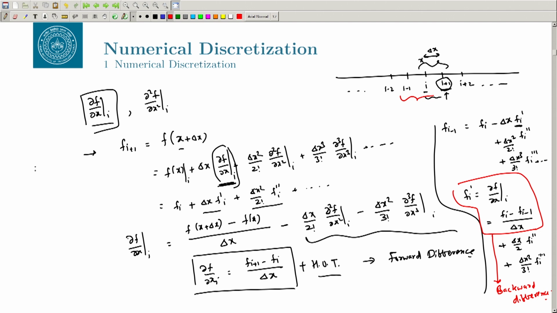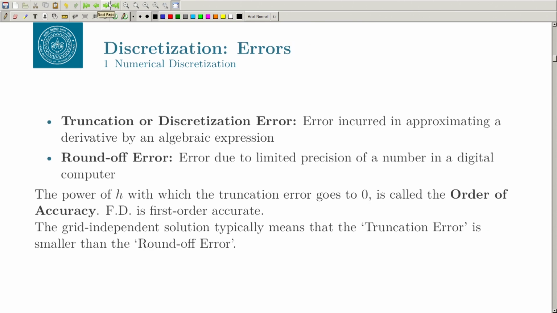So, we have found the forward difference and the backward difference approach, but in both of these cases you may note that we are ignoring some of the terms. These terms lead to some error, and there are basically two kinds of error. One is the discretization error. It is also called the truncation error.